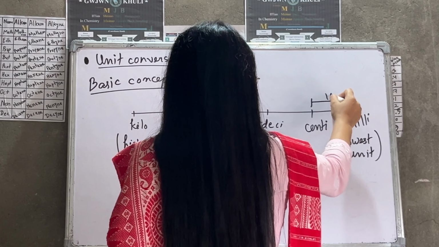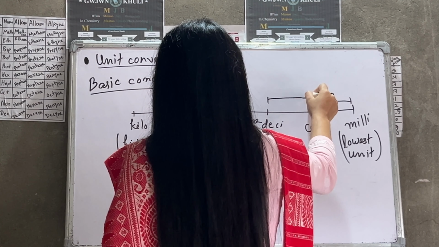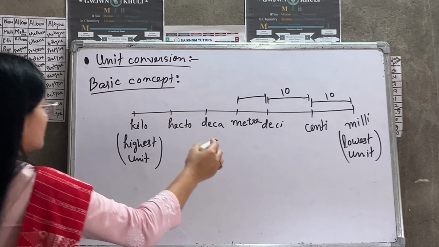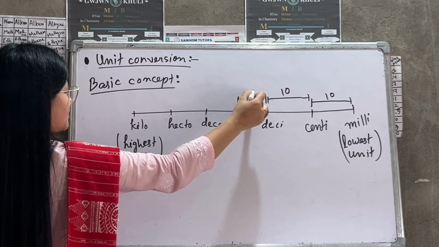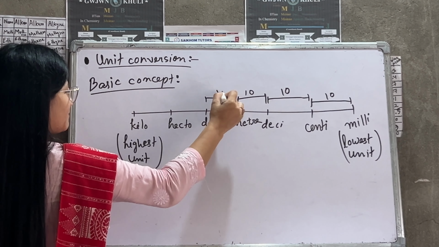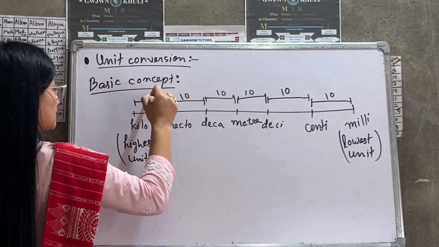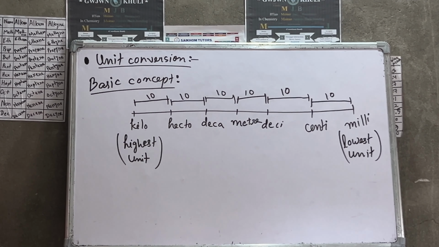What is the difference between milli and centi? The difference is 10 unit. Here also the difference is 10 unit, and here also 10 unit, and 10 unit. Okay?